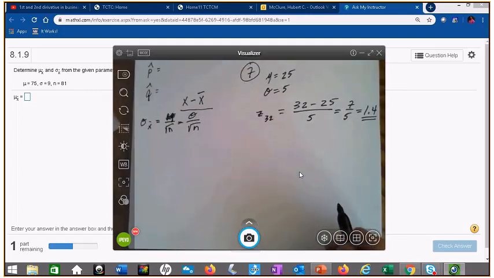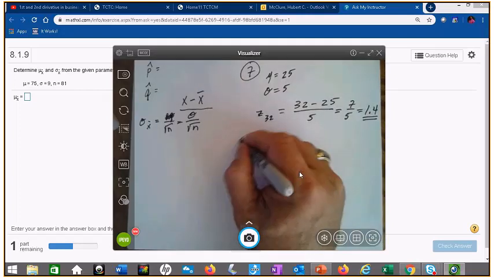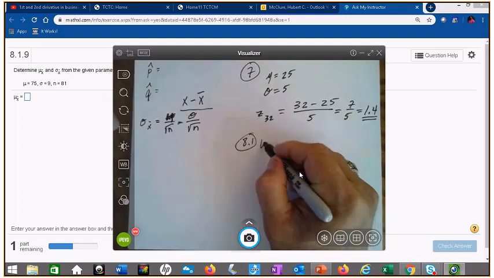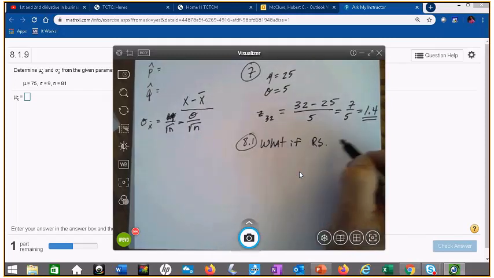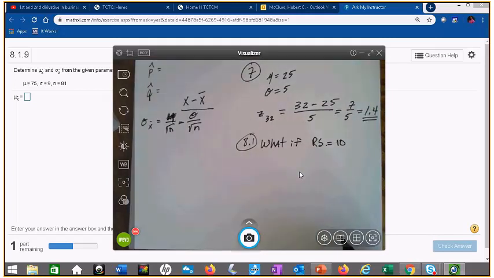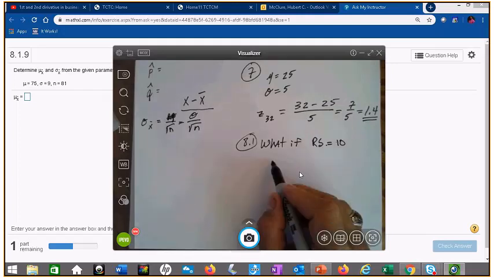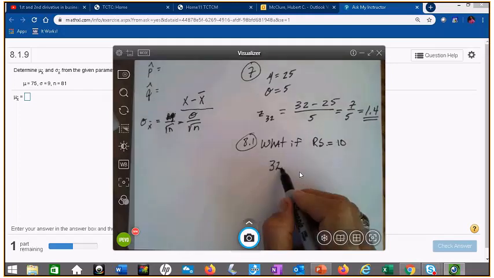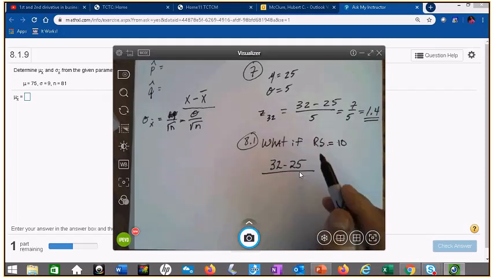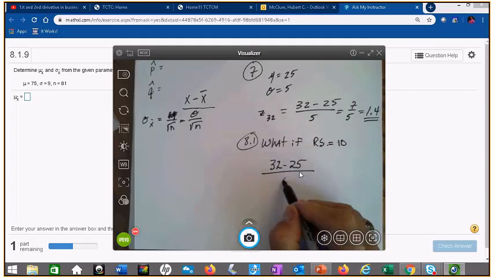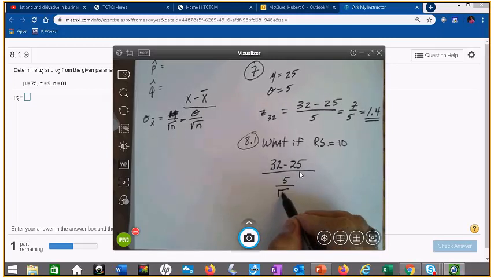And then they said, what if? So in chapter 8, 8.1, they're saying, what if you had a random sample of 10, what would the probability be then? Well, now you have to do 32 minus 25, and instead of 5, you're going to do 5 over the square root of 10.